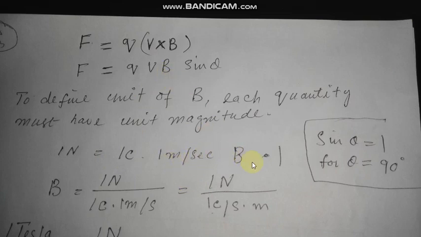B, we have to determine its unit, and sine of theta will also be equal to 1, which is the case when theta is equal to 90, v and B perpendicular to each other. So in such a case, B will be equal to 1 Newton per coulomb per meter per second, and this can be written as coulomb per second into meter.